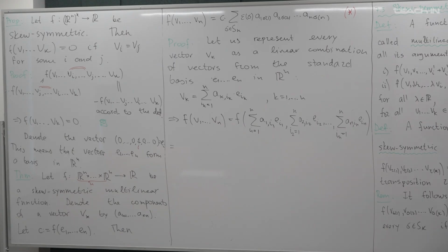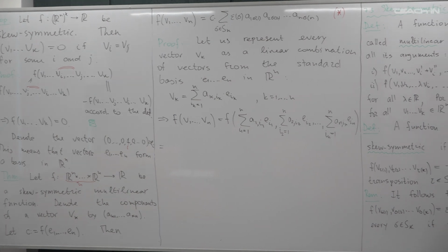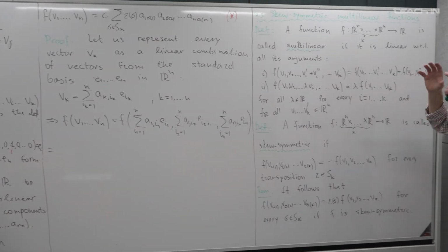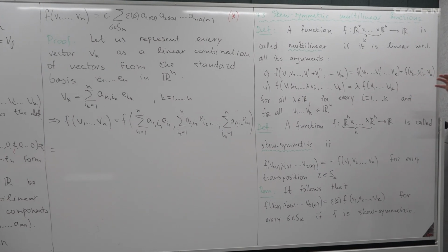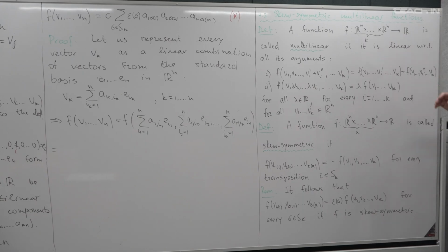Just because if some argument is a linear combination of vectors, then first I can apply the first property, and so this means that f of the sum of n vectors is equal to the sum of the images of just these vectors, right?